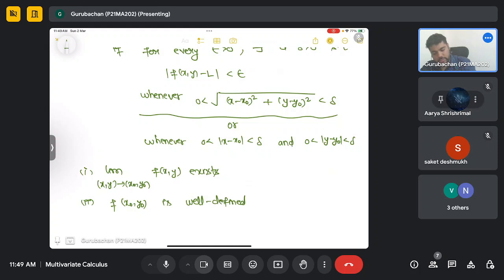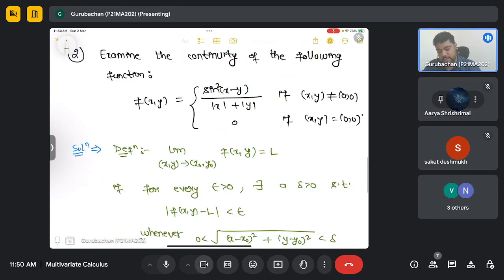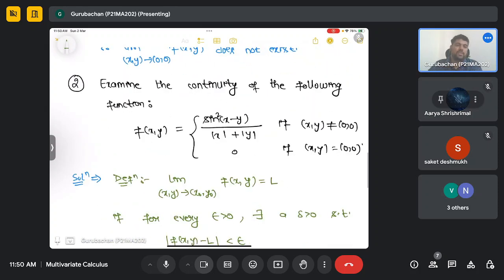And the last thing is that the limit of f(x,y) as (x,y) tends to (x naught, y naught) is exactly f(x naught, y naught). So in this particular question, we first need to check whether our limit exists or not.